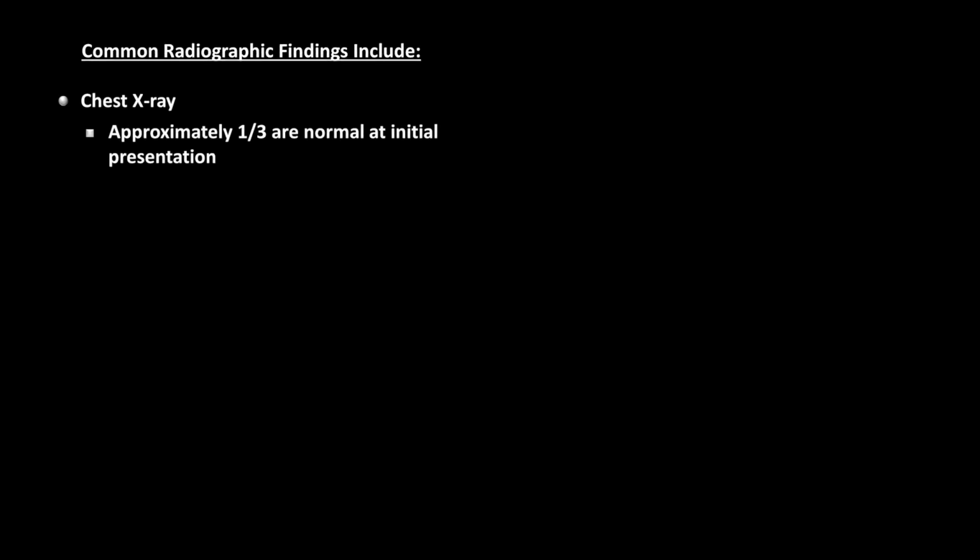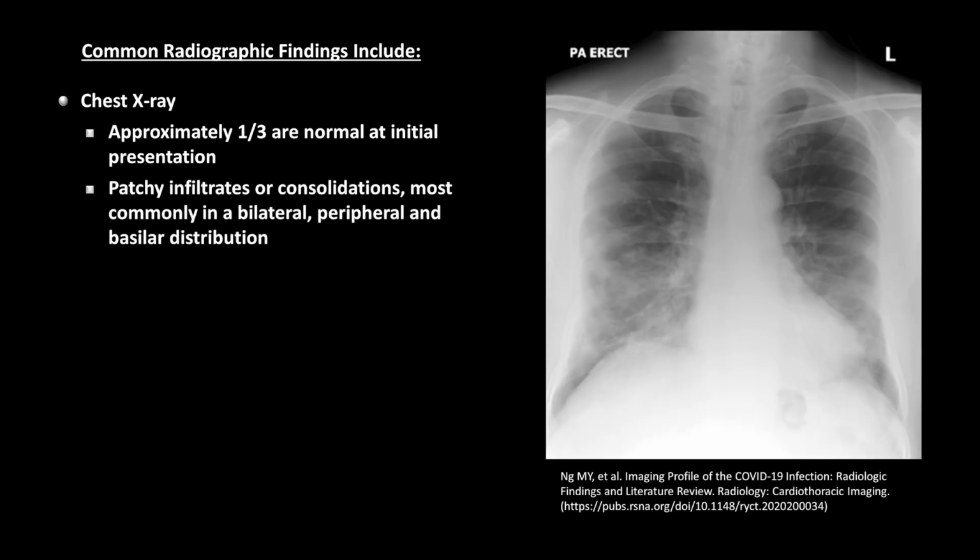When it comes to radiographic findings, while some findings are now being considered typical of COVID, they are nevertheless nonspecific. But what are some common findings? On chest X-ray, approximately 1/3 of them are normal at the time of initial presentation. However, the majority of patients show patchy infiltrates and/or consolidation, most commonly in a bilateral, peripheral, and basilar distribution.